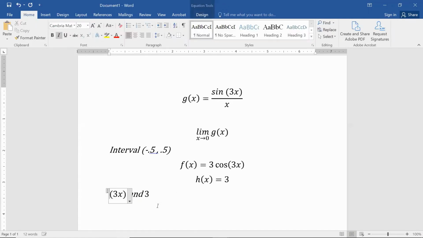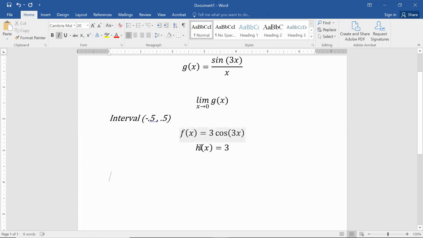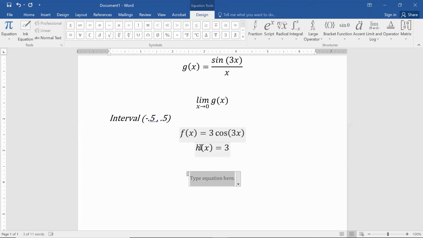Now I claim that we get the bounds that we want. So I claim that g is always above f. So take 3 cosine of 3x, and I'm claiming that we always get this inequality.